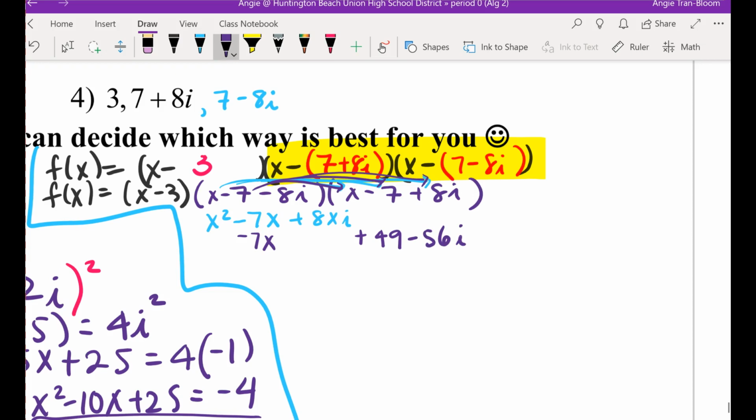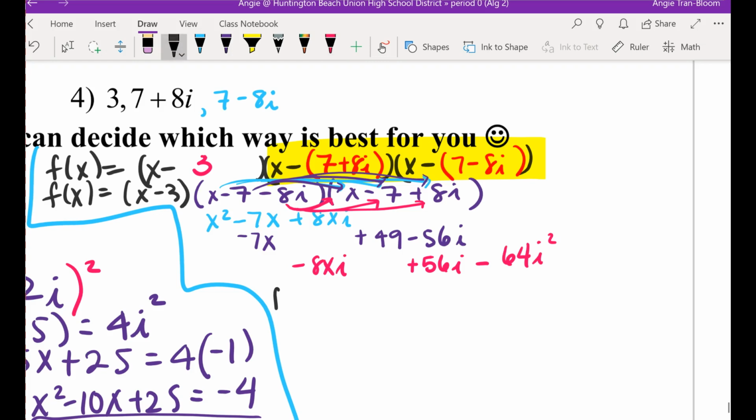Yay or nay? Yay. The more you do a 3 by 3, the quicker you get, okay? So negative 8i times x is? Yeah. Negative 8i times a negative 7 is? Negative times a negative is what? Positive 56i. Negative 8i times a positive 8i is a negative 64i squared. But some of you said, well, can I change that to positive 64 right away? And the answer is, of course.